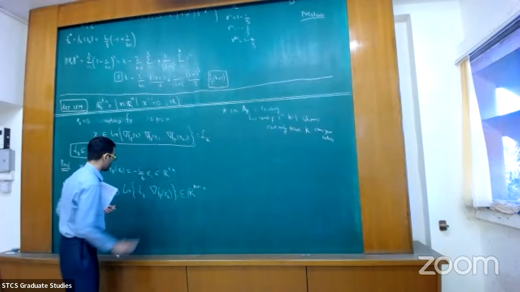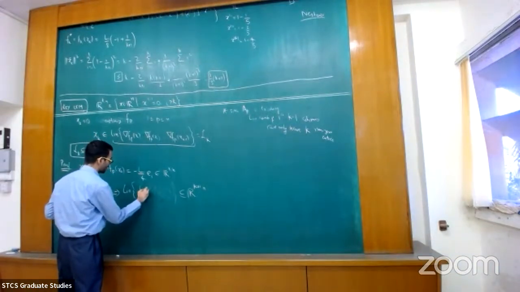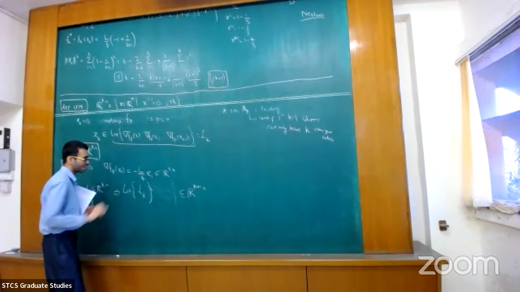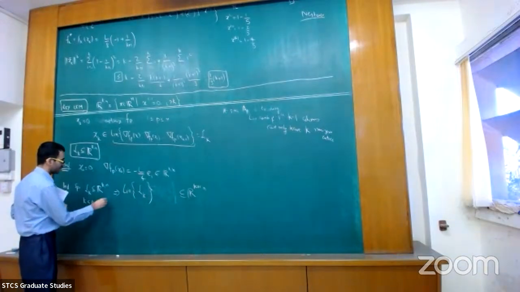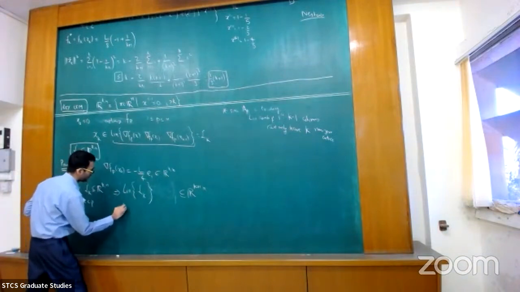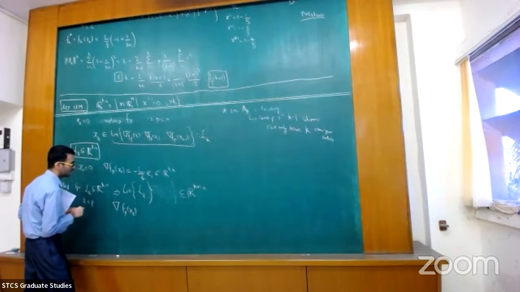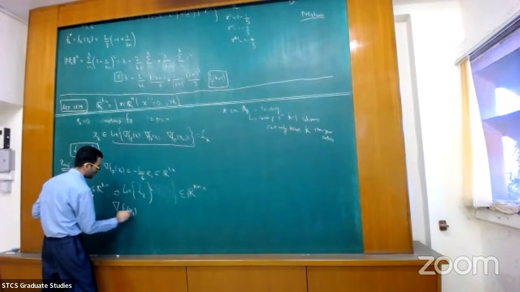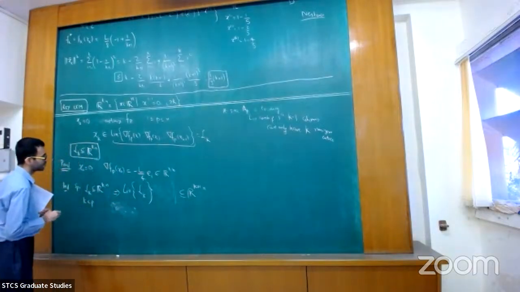The gradient of f_p at x_K is in R_{K+1}. I think this is all it is.